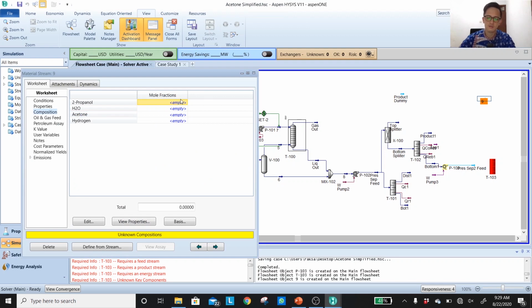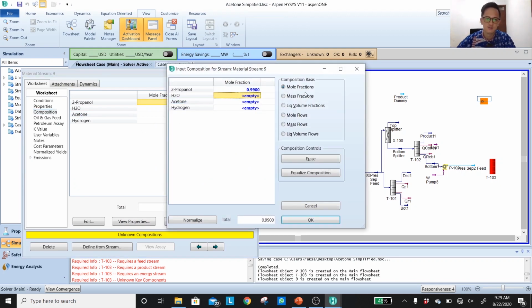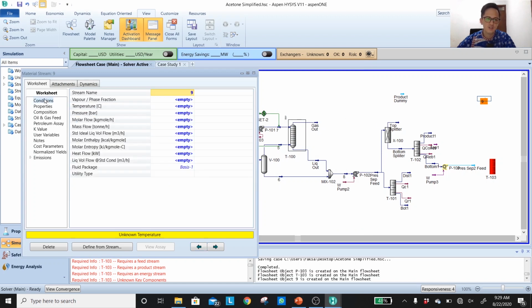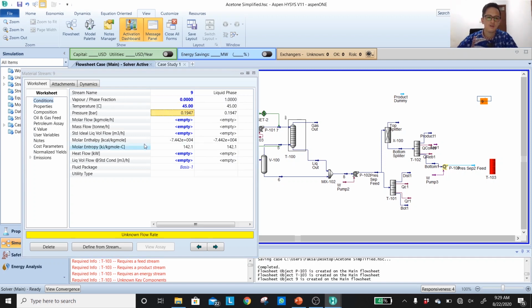So can I get 99% of acetone with only 10% of water? But remember that propanol and water form an azeotrope. So it's not going to be as simple as the first distillation. So let's try it. You see that at 99% of IPA at saturated liquid condition at 45 degrees C, we require another vacuum condition.